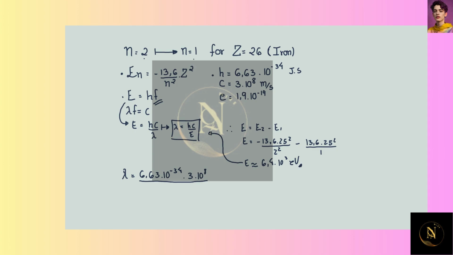So in order to convert it from electron volts to joules, we have to multiply it by the fundamental charge, which is measured in joules per electron volt. So we get 6.4 times 10 to the third times 1.9 times 10 to the minus 19. And this gives us a wavelength of approximately 0.194 nanometers.